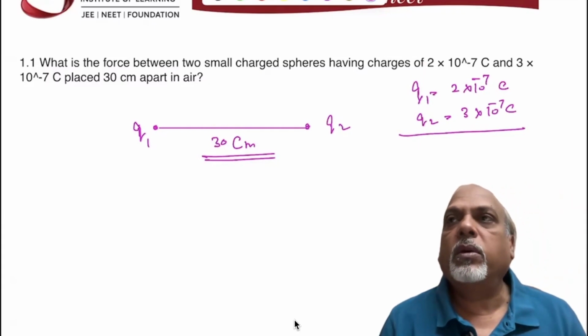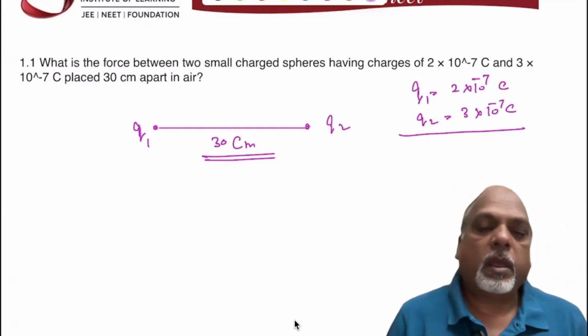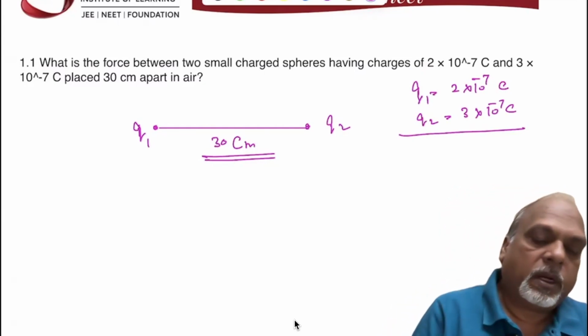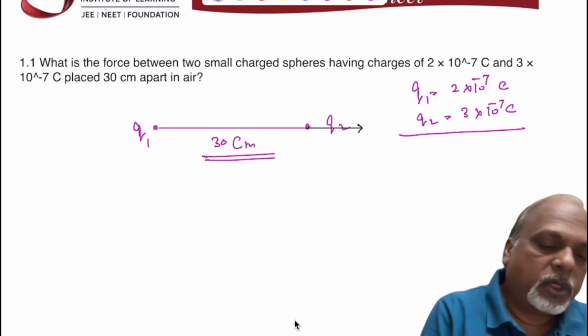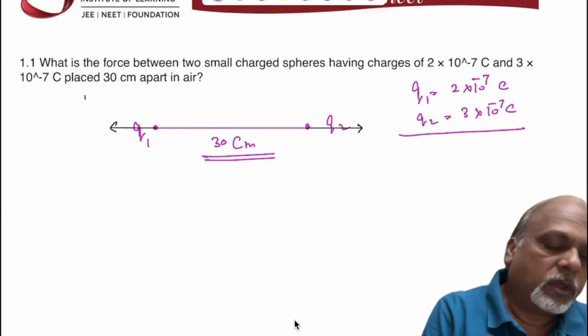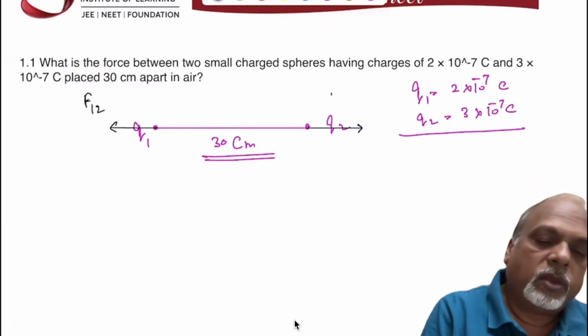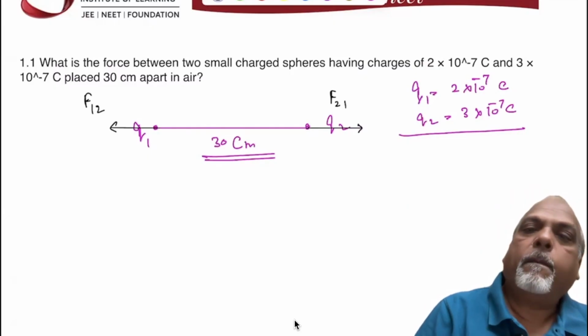So what they will do? They will repel each other. Correct? So there will be a repulsion force between them like this. This is your force on Q1 due to Q2, and this is your force on Q2 due to Q1.